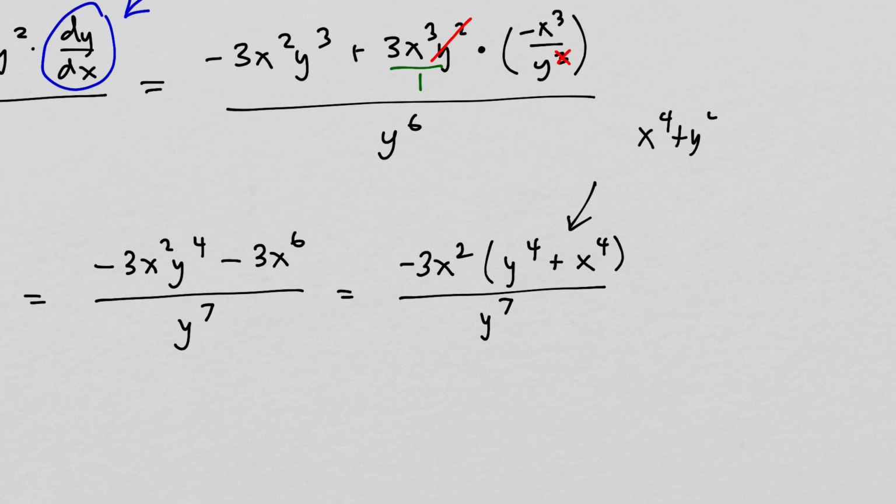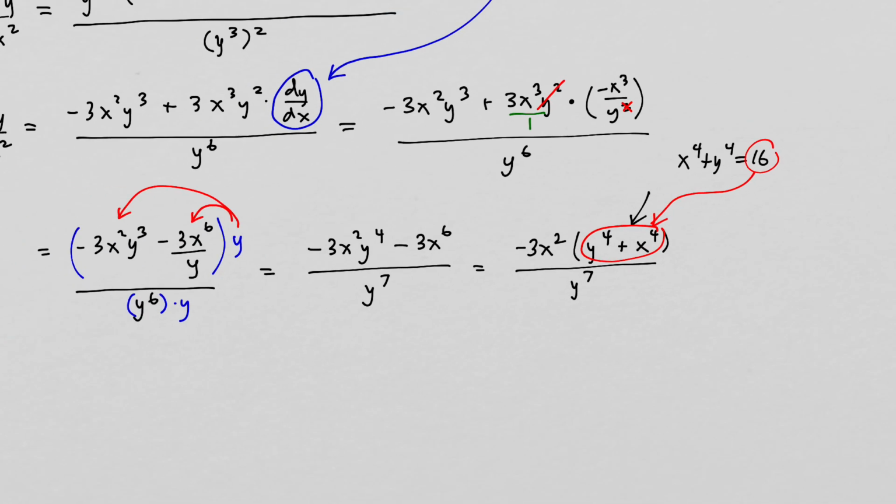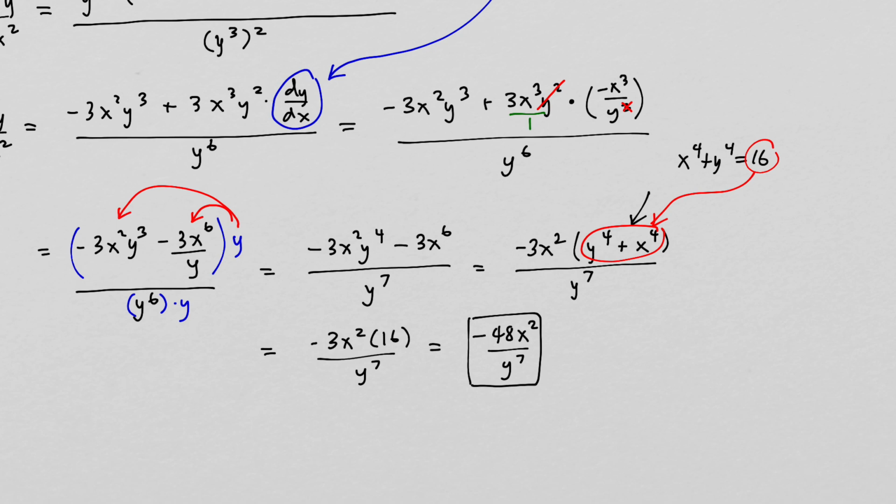So if x to the fourth plus y to the fourth is 16, then I can replace this expression with 16. And so we quite literally get negative 3x squared times 16 divided by y to the seventh. And this is negative 48x squared over y to the seventh. And this is our most simplified second derivative.